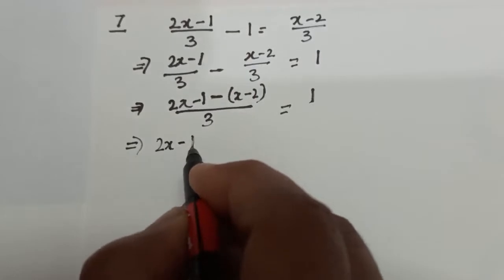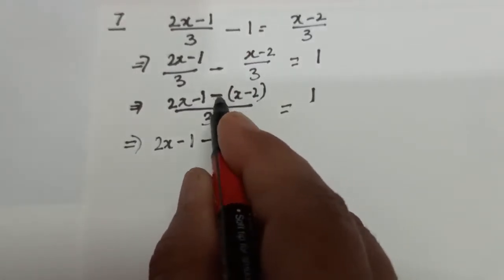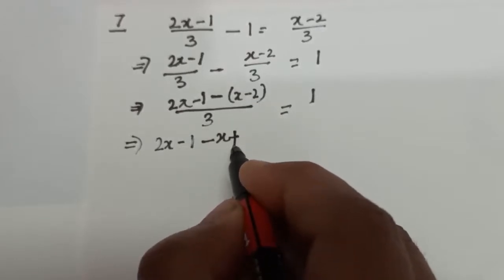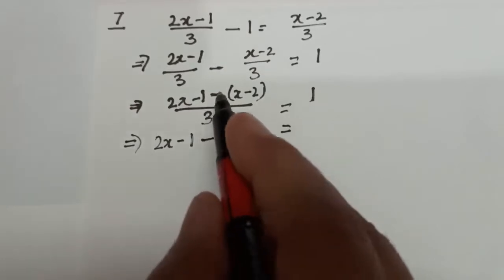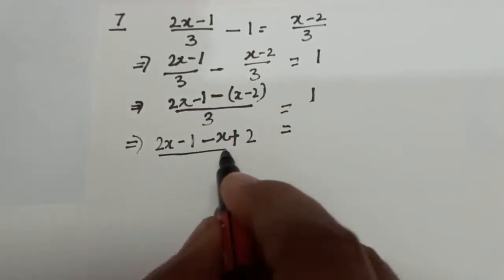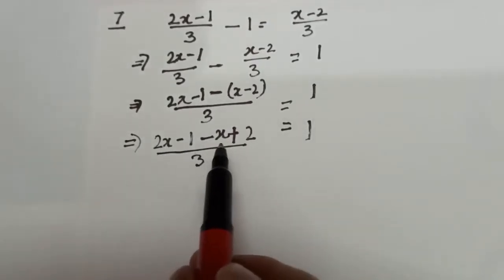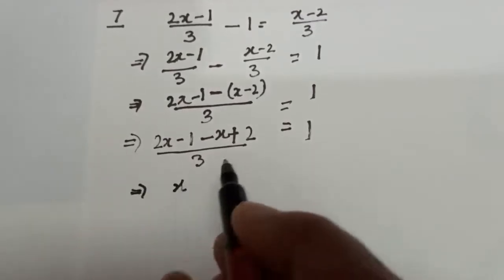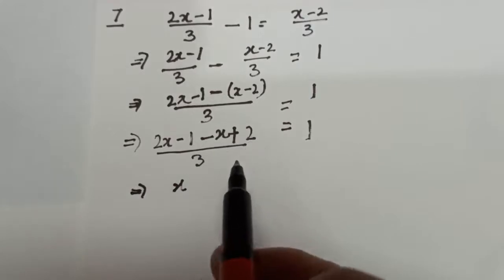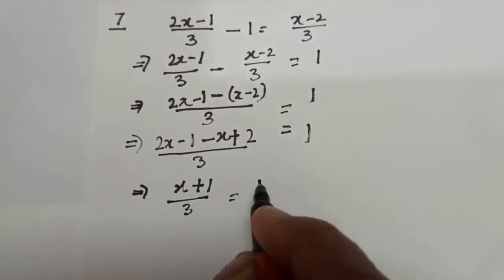Now 2x minus 1, when we open the bracket, minus into x is minus x, minus into minus will become plus 2 here. Be very careful here for the negative sign. Upon 3 we will write as it is. Now like terms will be added. 2x minus x is 1x, so it will be written as x. Minus 1 plus 2 is plus 1. Upon 3 is equal to 1.